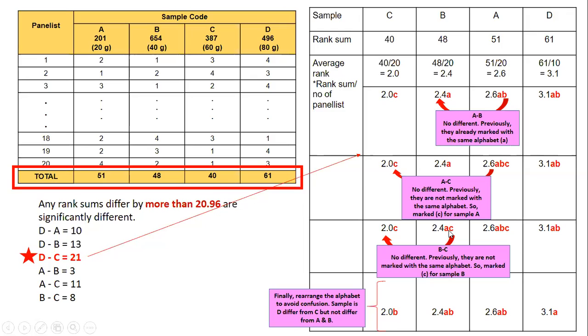Okay, and then we go here. Sample C only have one alphabet, which is C. And this C also same like in B and in A, but not in D. Meaning that C, B, A got the same alphabet, which is C, and they are not significantly different.